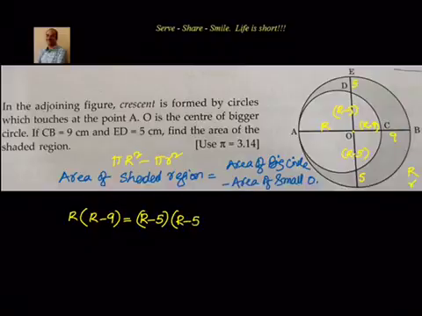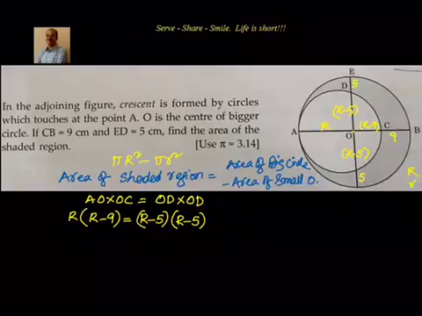What is the logic behind this? If in a circle two chords are intersecting with each other, then the product of their segments are equal. That means AO into OC is equal to OD into OX, but OX is also equal to OD, so we can say OD into OD.